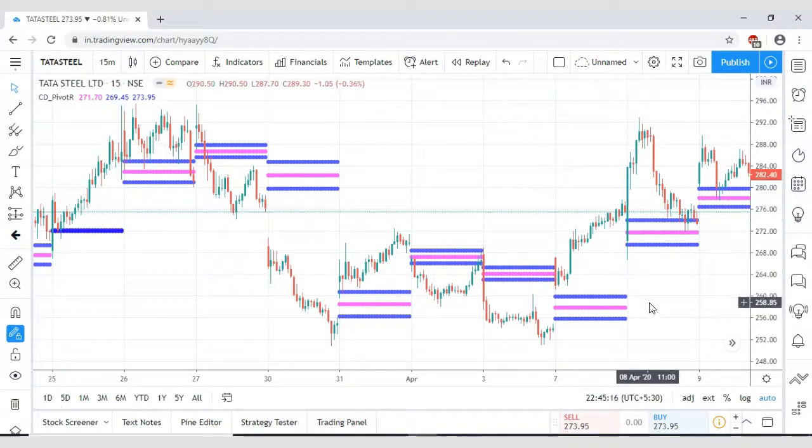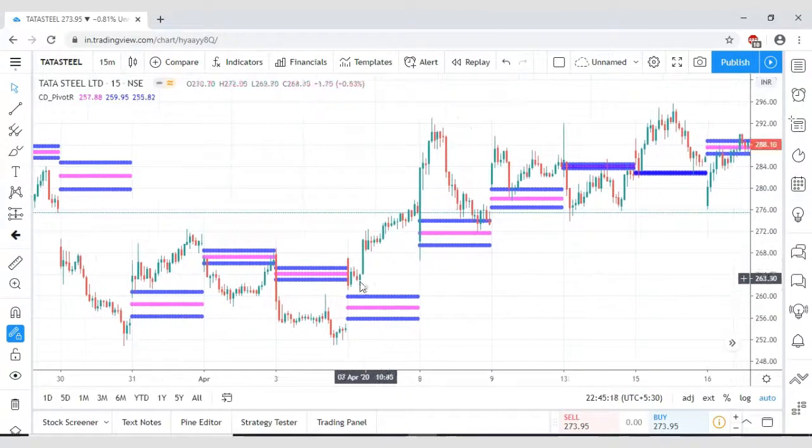Understand? If you can see here, the next day, if you apply these lines, for example, you know this day you shorted here, and by closing, if you apply the lines, you know that there will be a movement on the upside. What are you going to do?